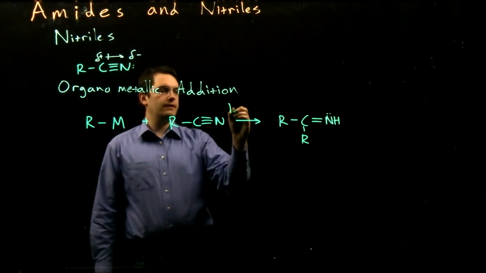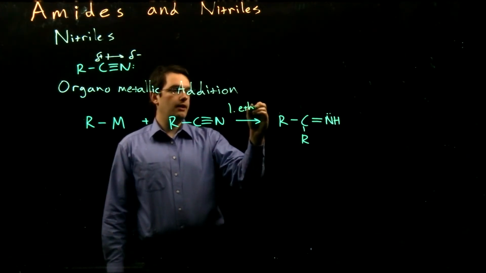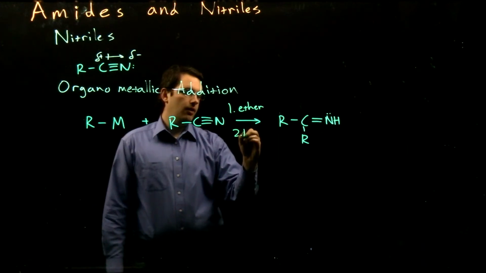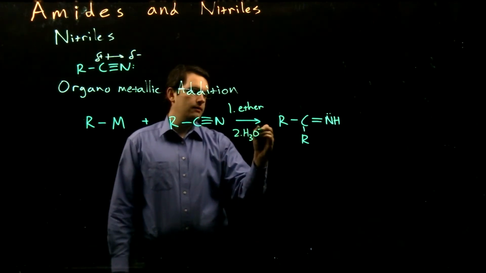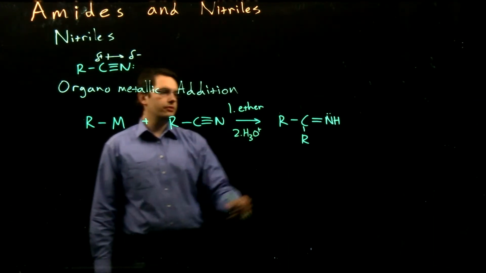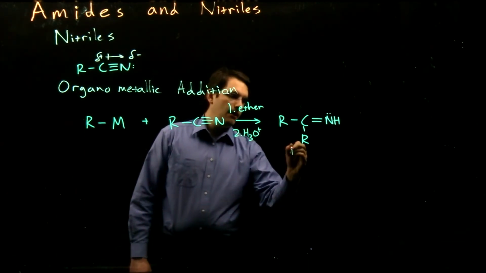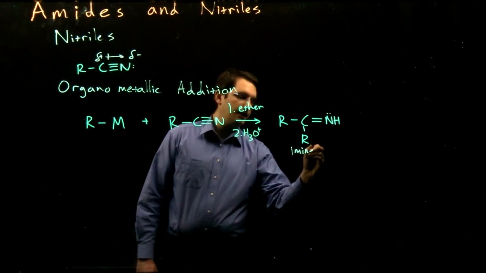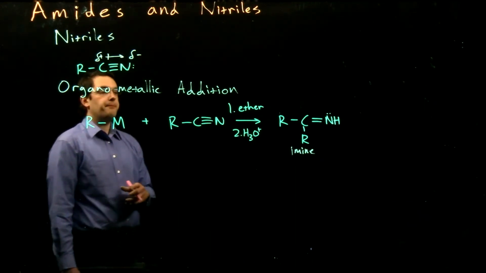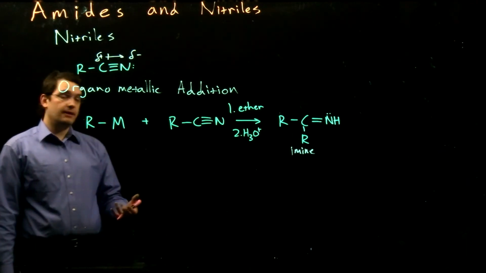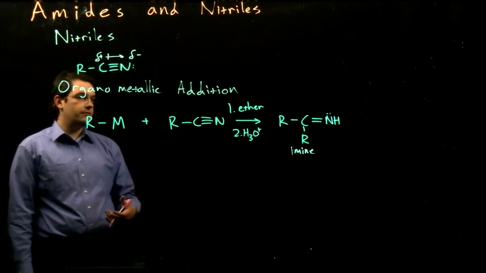As usual, of course, this would occur using anhydrous conditions in the first step, followed by acid to protonate our nitrogen to make that final imine here. Imine you might recognize because we saw it when we added amines to our aldehydes and ketones in a nucleophilic addition reaction there.